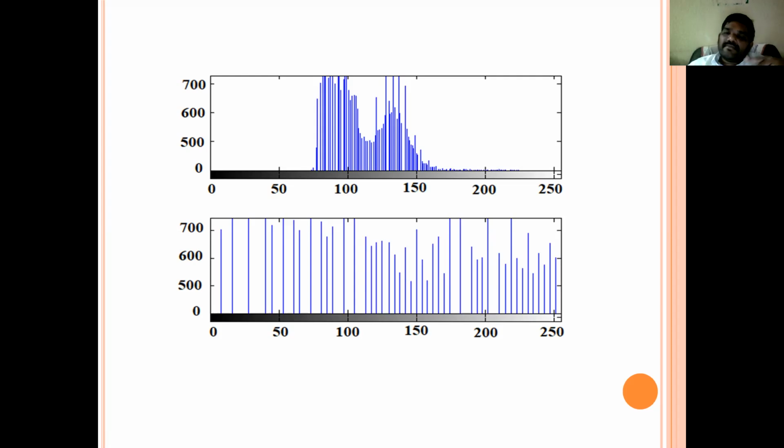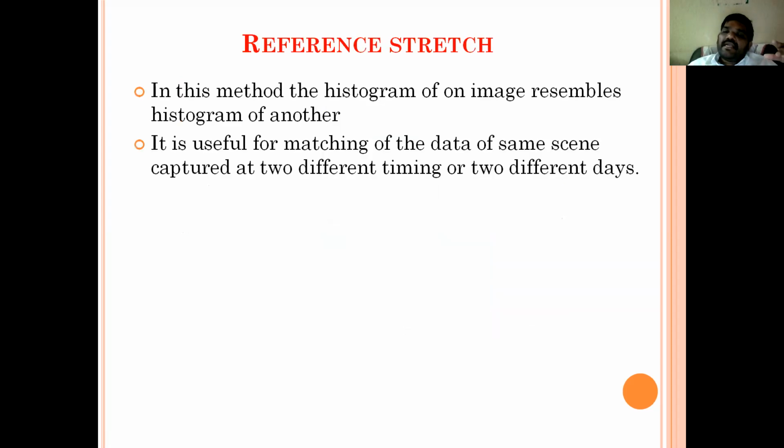Understand? And now here, reference stretch. What is reference stretch? By the name itself, you can understand reference. That means something is referred to. You are referring to someone to get a rank.